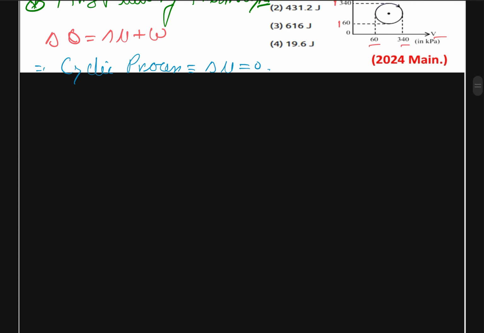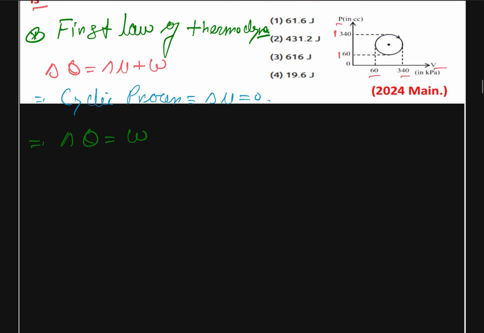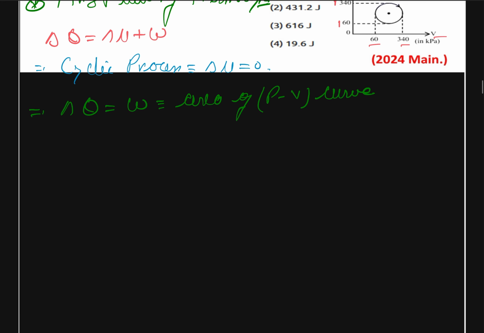Therefore, we can say that the heat will be simply equal to the work done. And work done, we know, is the area of this PV diagram, which is equal to the area of the PV curve.